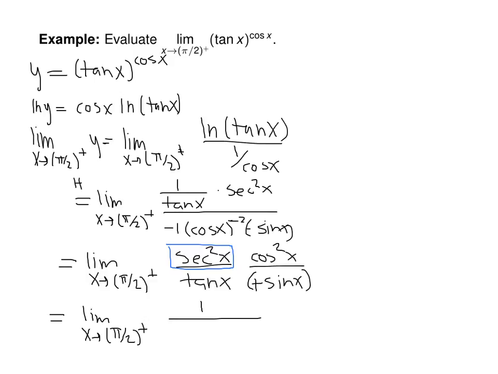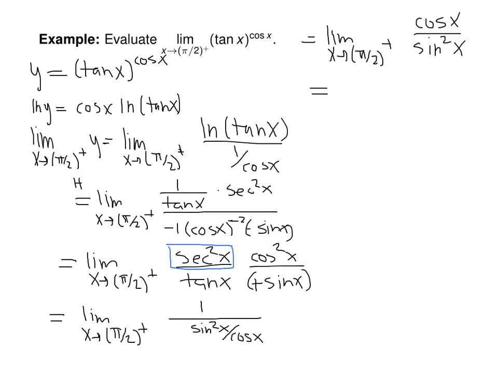Tangent is sine over cosine, so I'll have 1 over sine squared x over cosine x, which is the same thing as the limit as x goes to pi over 2 from the right of cosine x over sine squared x. And at pi halves, cosine is 0, sine is 1, so we'll have 0 over 1 or 0.